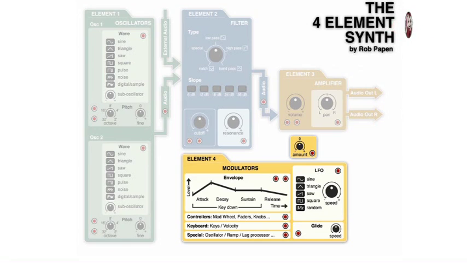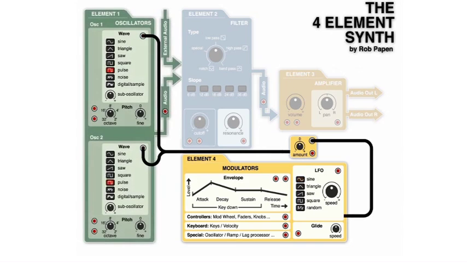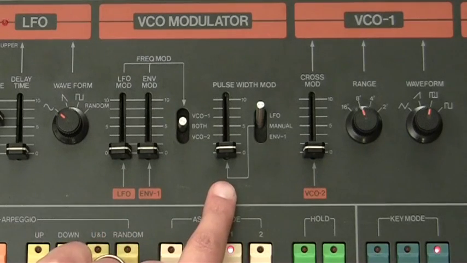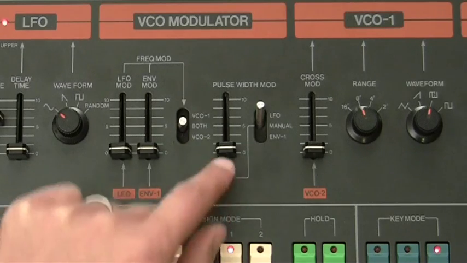If we look now at the 4-element synth chart, we find the LFO and envelope as parts inside element 4. What happens if we select LFO inside the Jupiter 8 is that the LFO part gets connected to the pulse width parameter. The fader of the Jupiter 8 now changes function and becomes an amount control.